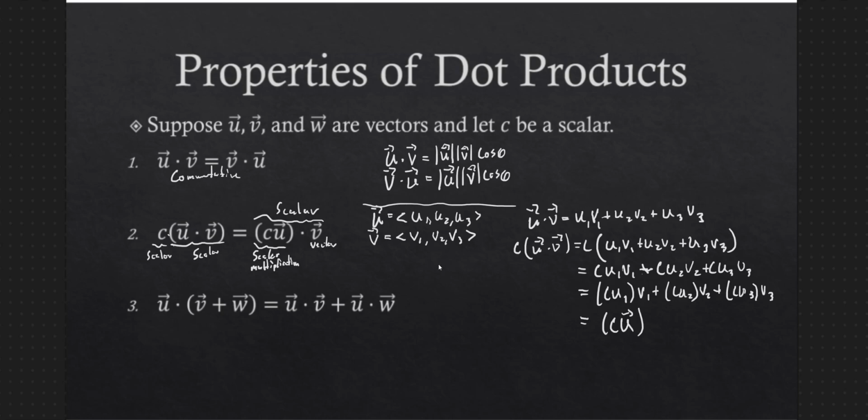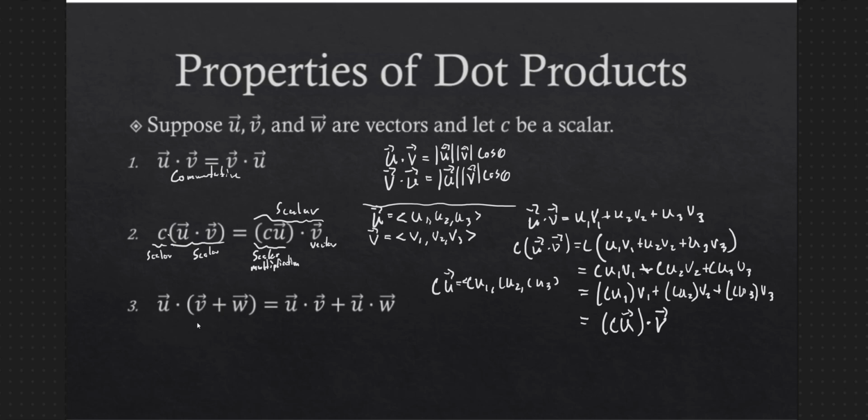So let me write that up here. c times the vector u is cu1, cu2, cu3. And then if I take a dot product of this with v, I get exactly what I have up here. And so that's cu dot v.